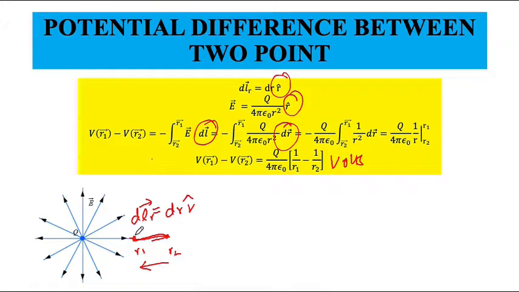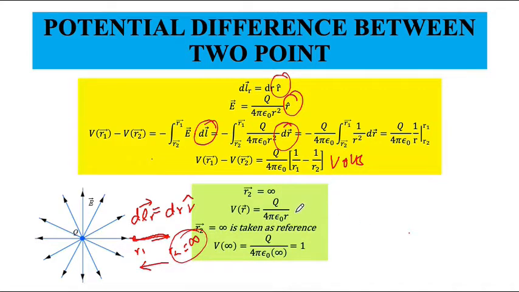R2 I am going to push away as far as infinity, and I will come from infinity to R1 in the same radial direction that we have taken over here. So I will come back from infinity to point R1 and find the potential there. In other words, R2 becomes very large, and 1 by R2 will be equal to 0.